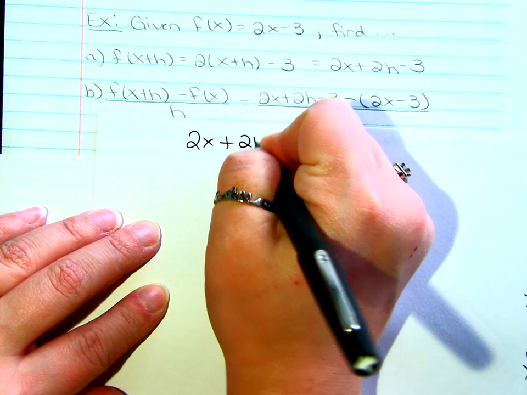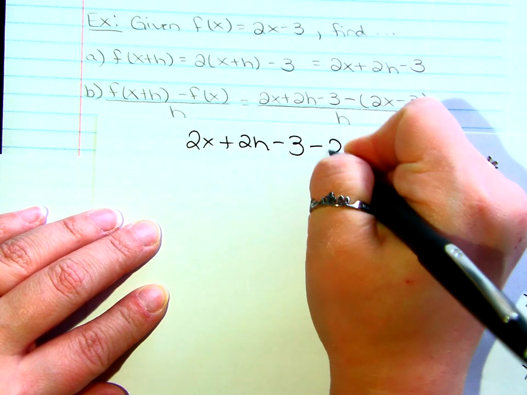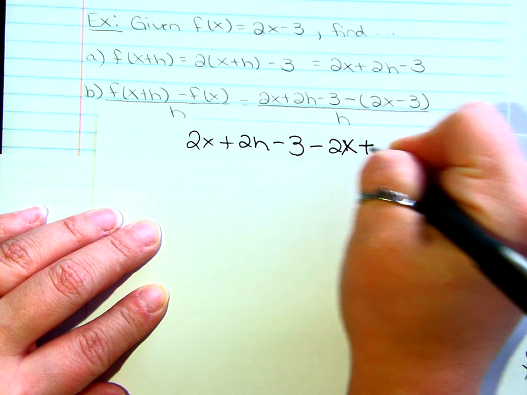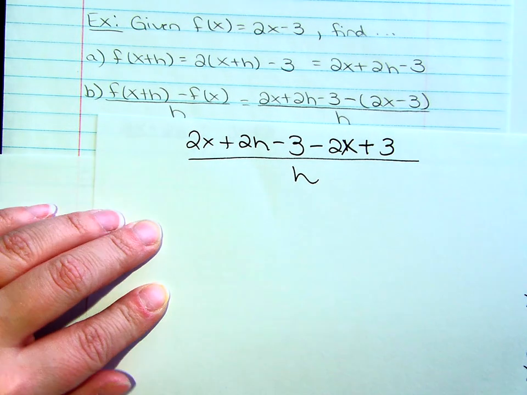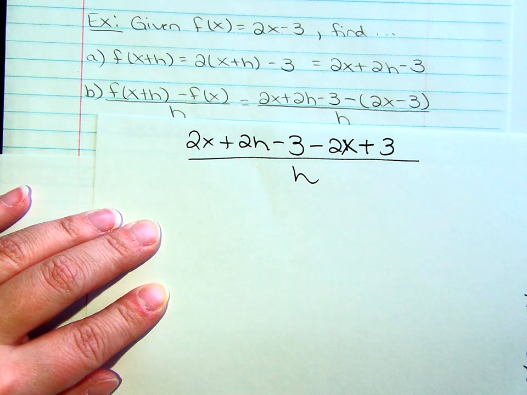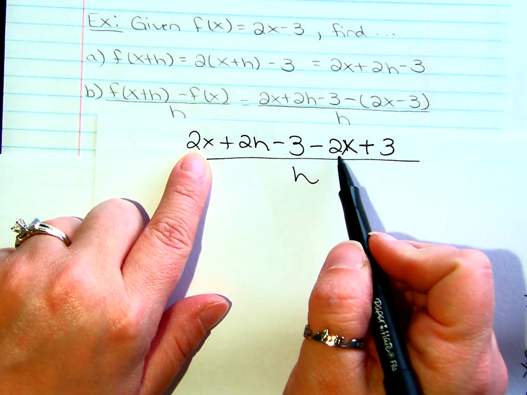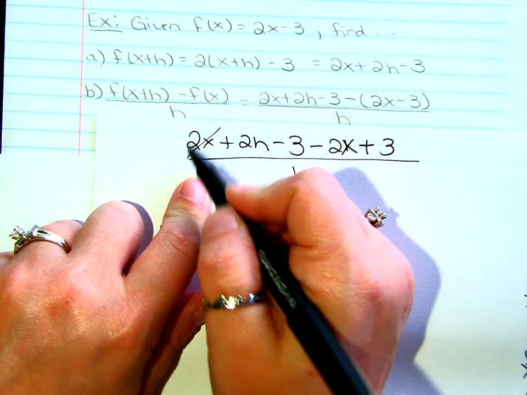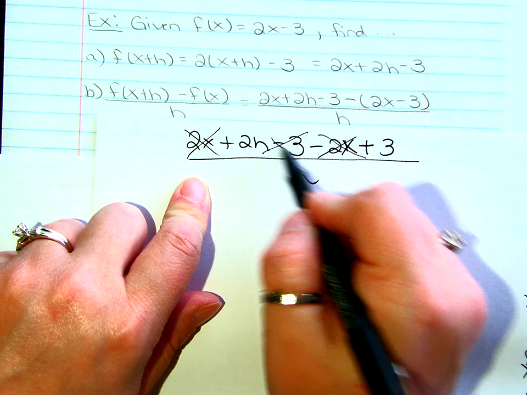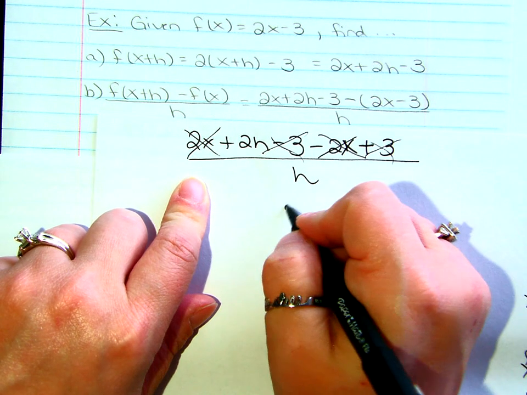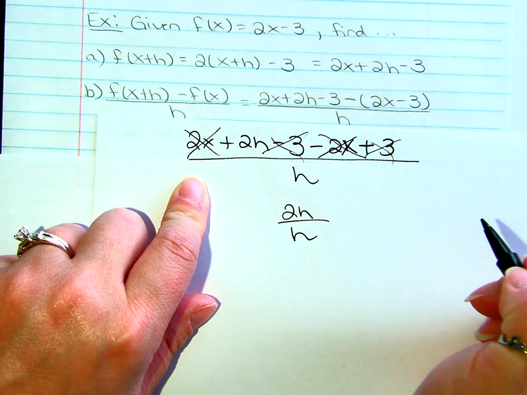So then I'll have a minus 2x and a plus 3 because we have a minus minus, all over h. So let's see if I can combine some stuff. I have a 2x and a minus 2x, so those go away. I have a minus 3 and a plus 3, so those go away, leaving me with 2h over h, which leaves me with 2.